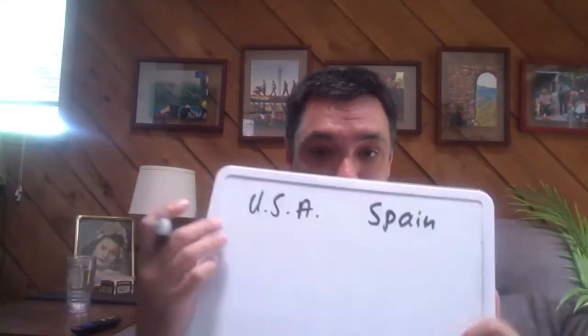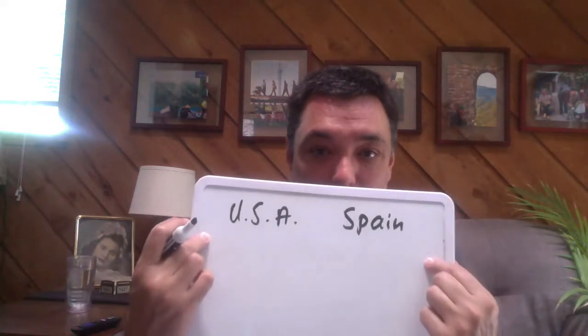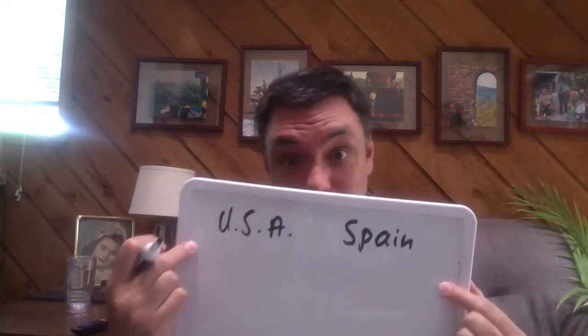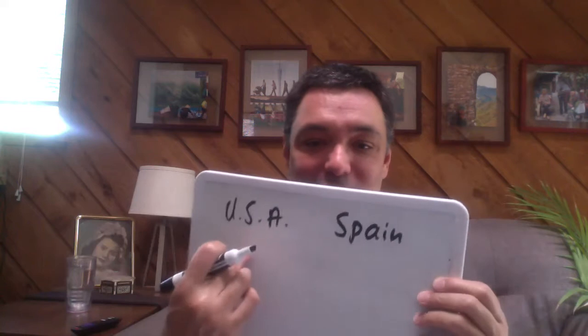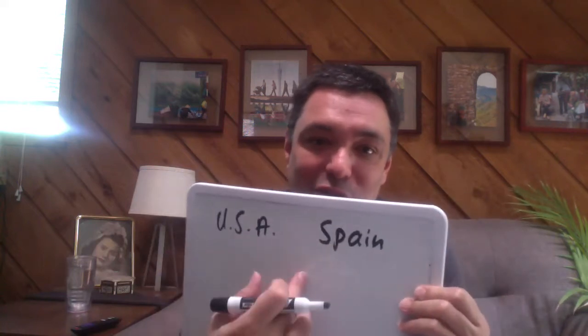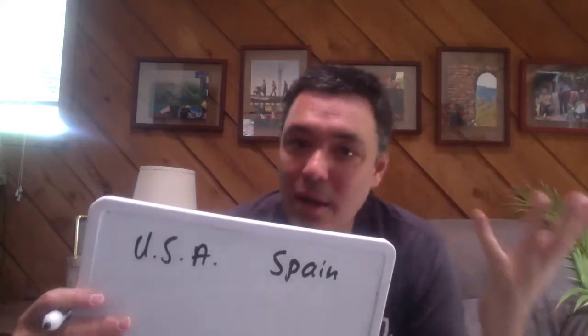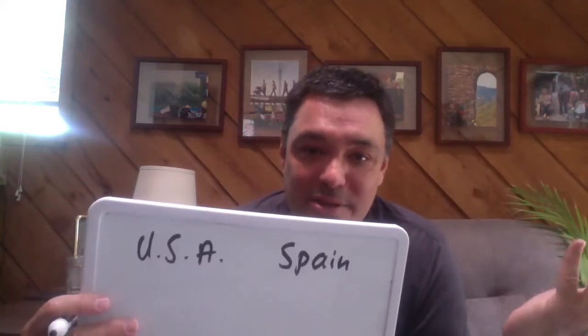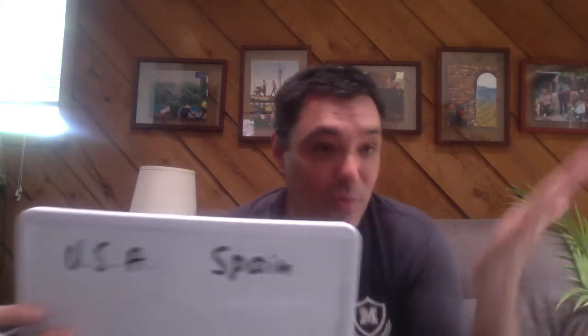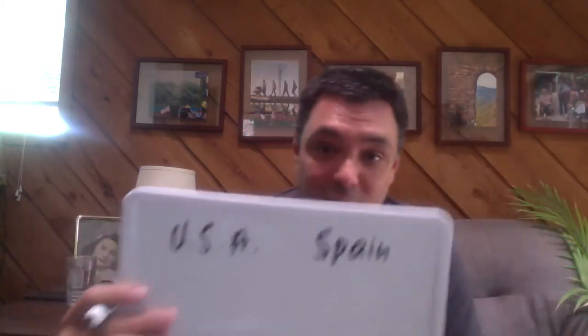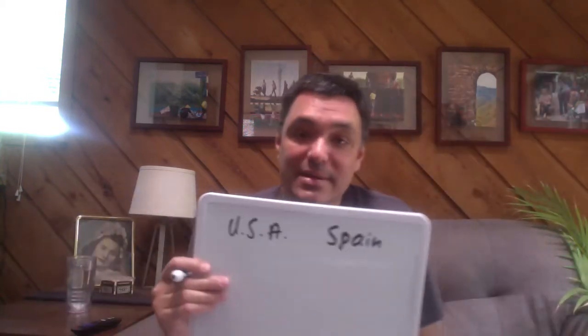Now, conspicuously missing from this were representatives from Cuba. The whole reason that the USA fought Spain was to give Cuba its independence. And as I mentioned at the end of the last video, Cuba was not invited into the peace treaty negotiations. The door was slammed in their noses, which is kind of ironic because this is supposed to be all about them and their freedom.